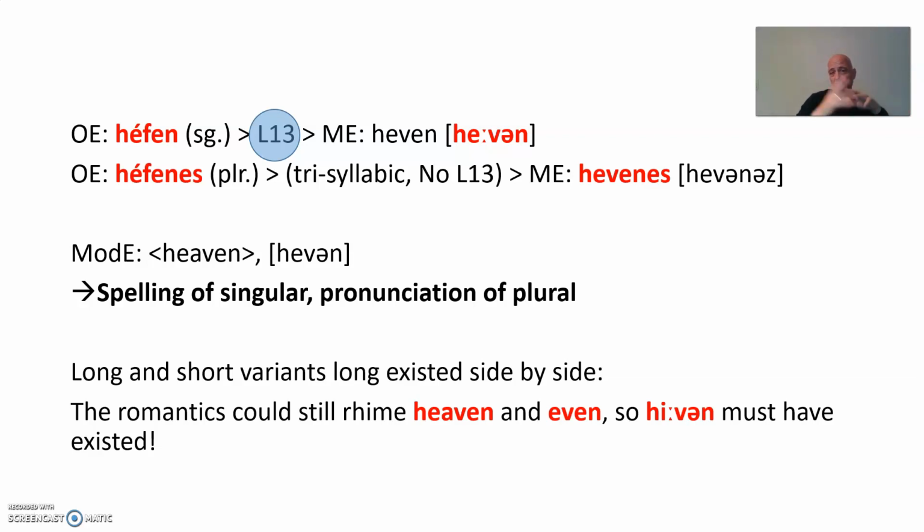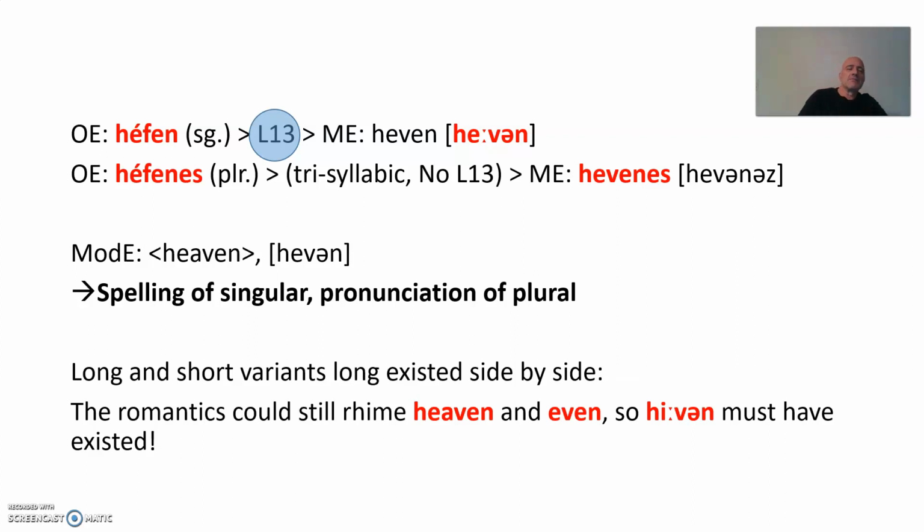And in Middle English, you have hevenes, and here we go, the vowel stays short. So in the end, you end up with two different things. The plural short, the heavens, and the singular with a long vowel in Middle English.